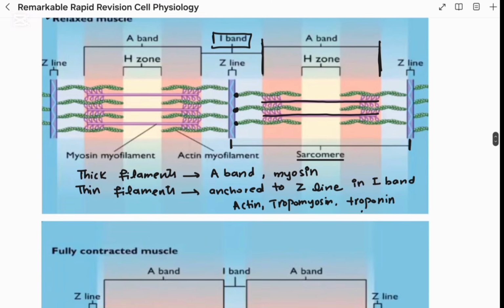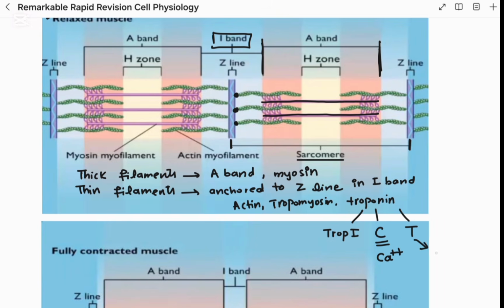These troponins are of three types: troponin I, troponin C and troponin T. This C is for calcium. It binds to the calcium and permits the interaction of actin and myosin.